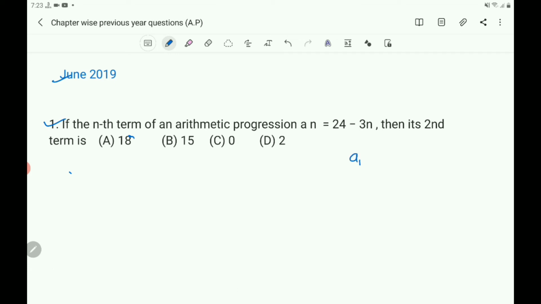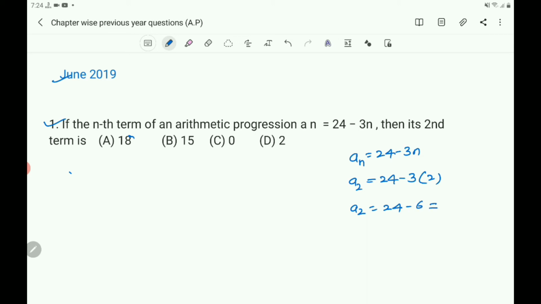Here it is given a_n equals 24 minus 3n. Then what do we have to find out? We have to find the second term. So write a2. a2 equals 24 minus 3 into 2, that is, n is 2. Then a2 equals 24 minus 3 into 2, that is 24 minus 6.